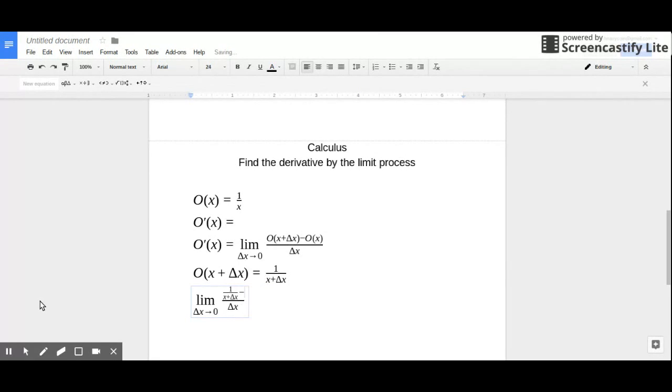So this was going to be 1 over x. And I think maybe I can just do that and then edit. Okay, so there you go. Oh geez, now what do we do? Well, we have these two fractions up here in the numerator, and we need to get this all into one single fraction.